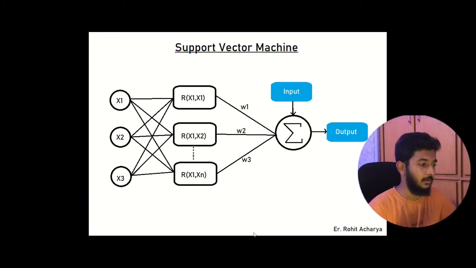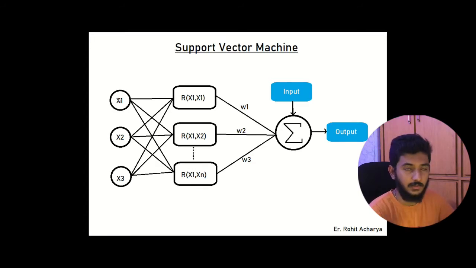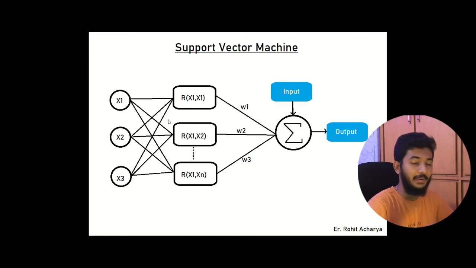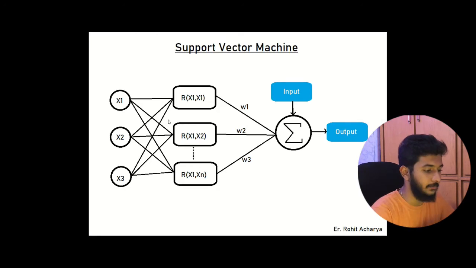Let us discuss the theoretical model of support vector machine. So this is how the support vector machine works. Here x1 is the feature and x2 is another feature, or x3 and up to xn. They are the set of features. So what we are trying to do is pass these features to the functions, and these functions compare the set of features, and a weight is associated to each of them.